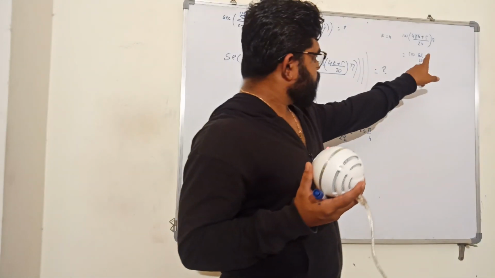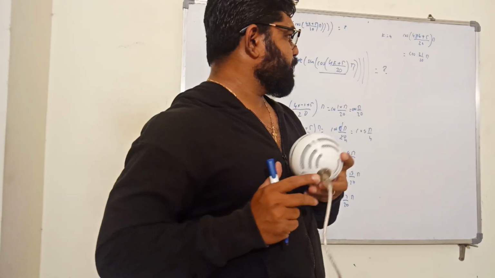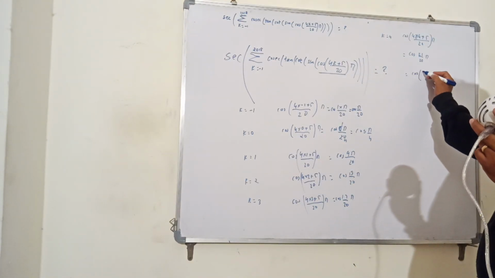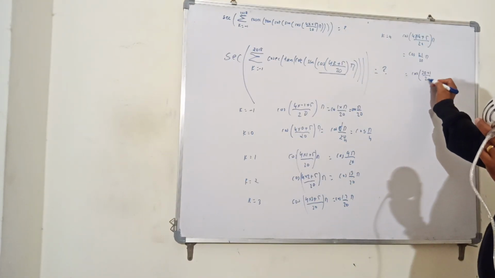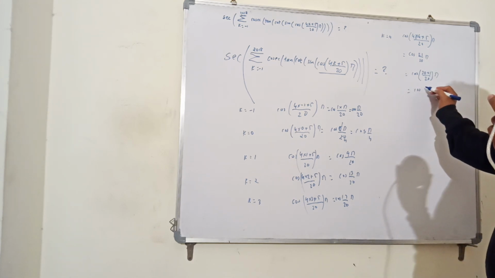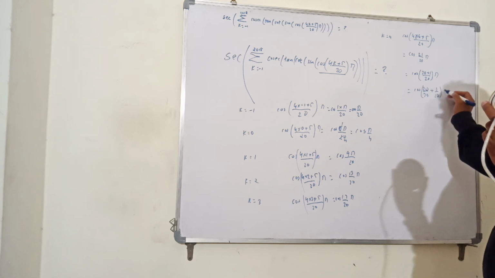So cos of 21 upon 20 pi can be written as cos of (20 plus 1) upon 20 pi, which is equal to cos of 20 upon 20 plus 1 upon 20, into pi.